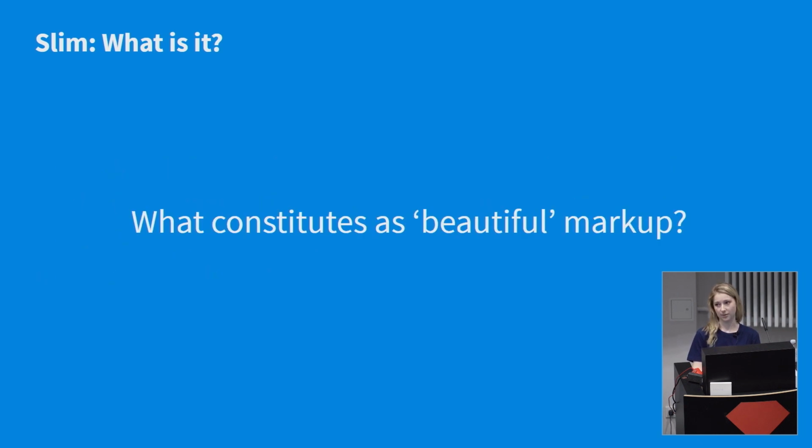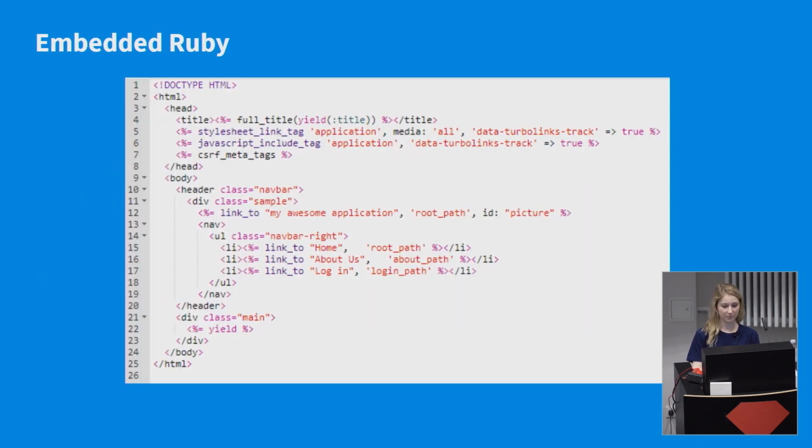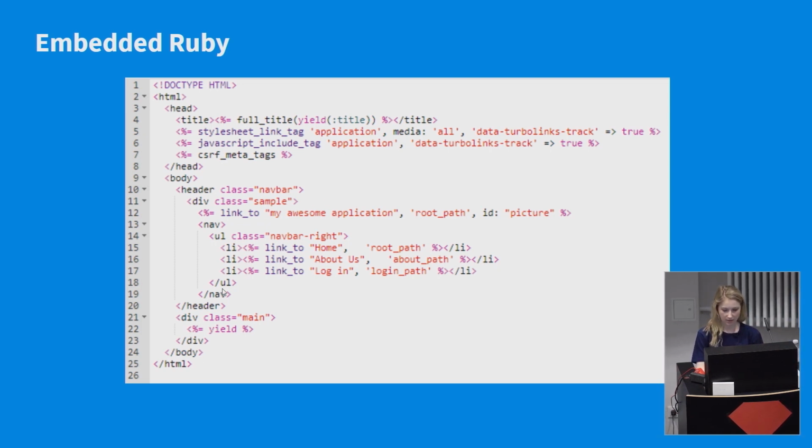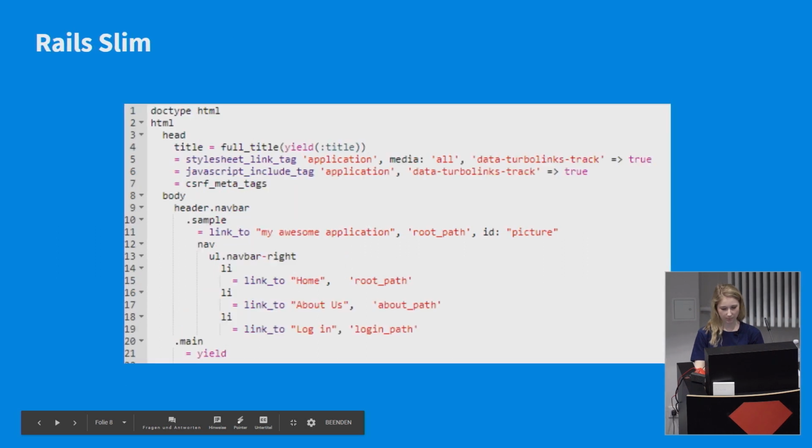So what constitutes as beautiful markup? Well, here is some embedded Ruby. It has everything we're used to with HTML and such. It has those wonderful % signs and the angle brackets and such, and our beautiful yield at the bottom. Here is Rails Slim.